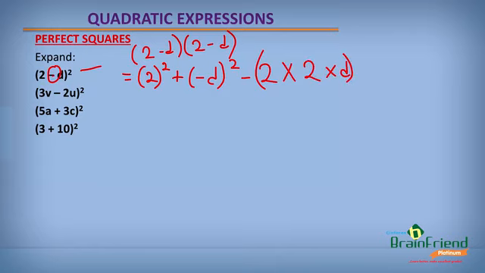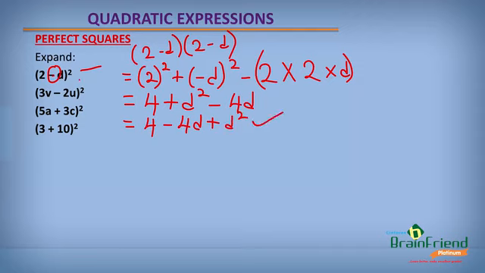So this will now be equal to 2 times 2, or 2 squared is equal to 4, minus d squared is equal to plus d squared, and 2 times 2 times d will be equal to 4d. So the expansion of 2 minus d all squared, we can rearrange this to be 4 minus 4d plus d squared. So this is the answer for the first expansion.